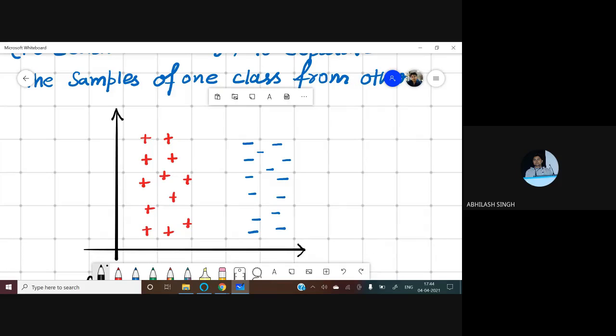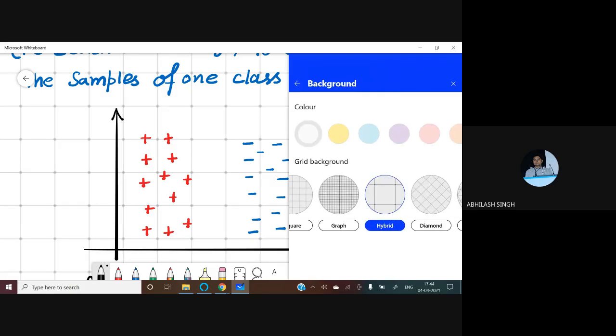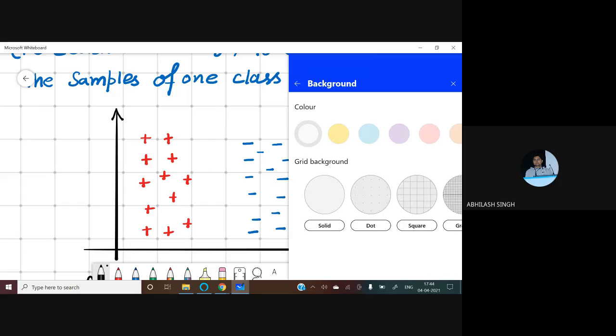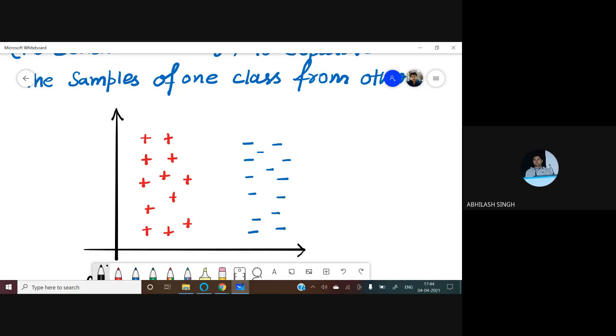One class I have represented by a positive sign, and the other by a negative mark.